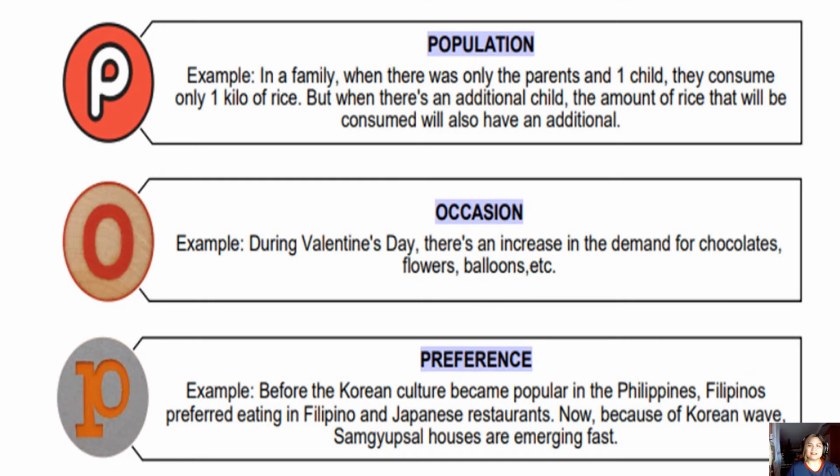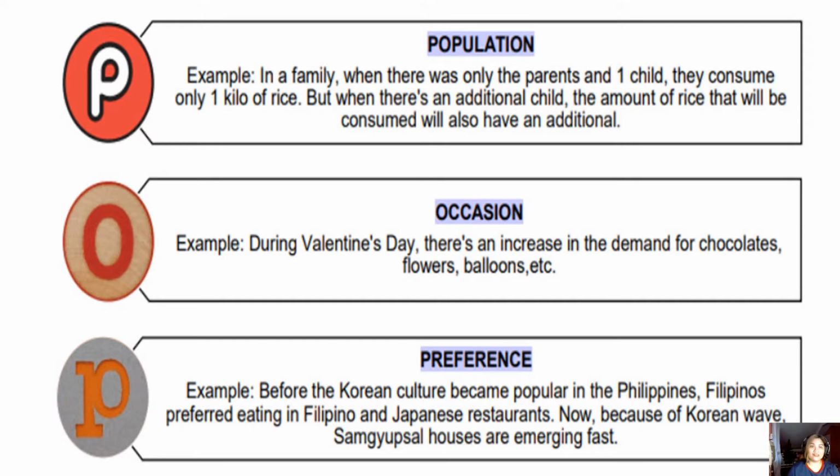And here are the examples for each of the determinants of demand. First, let's go with population. Demand would increase if, let's say in your family, you originally have 3 members. But when your parents gave birth to your sibling, the population in your family increased.